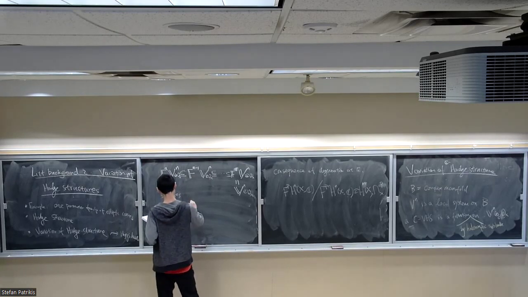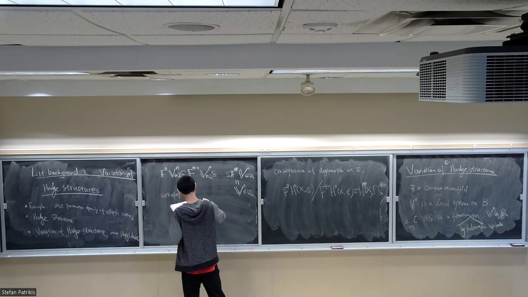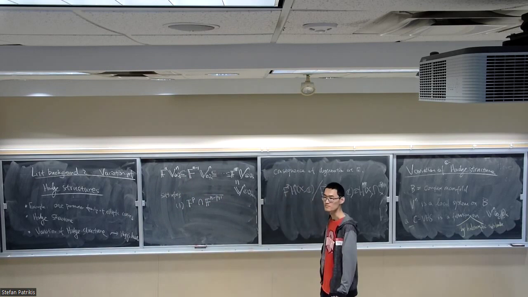So first one is that F^P, I'll just skip this V_n part for simplicity, intersect with F^(n-P+1) conjugation. I think you're defining a real structure.